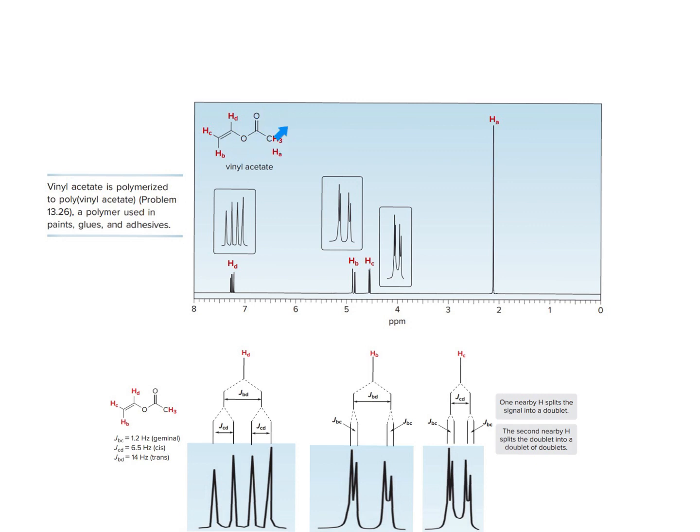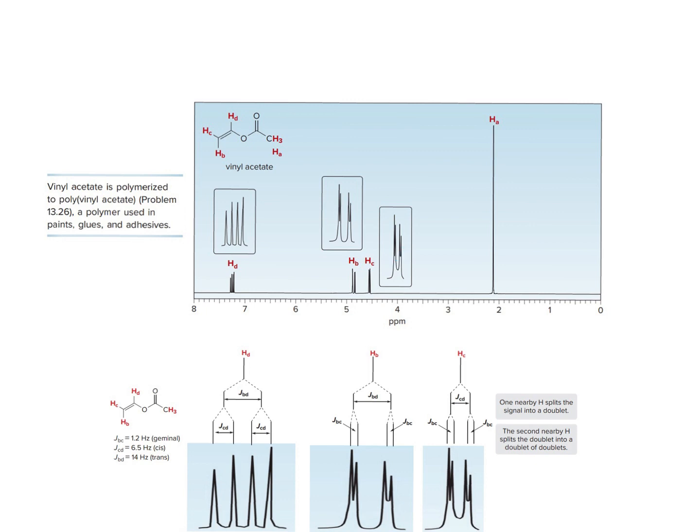This one's closer to this group, this one's farther away, but still attached to the double bond, and so on and so forth. All these protons are coupled together. A really good example is vinyl acetate, which is this molecule. We see HA, which gives us a singlet exactly like we would expect. But when we look at HD, HC, and HB, we see structures that look like this.